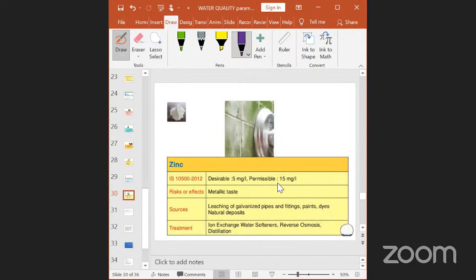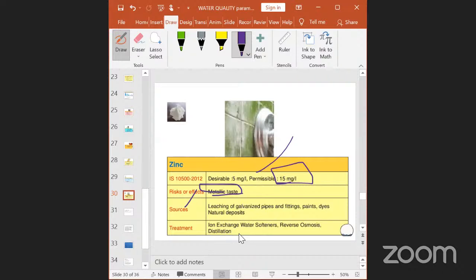Zinc: 15 mg per liter is the permissible limit. High zinc causes a metallic taste. Sources are leaching from galvanized pipes and fittings, paints, dyes, and natural deposits.